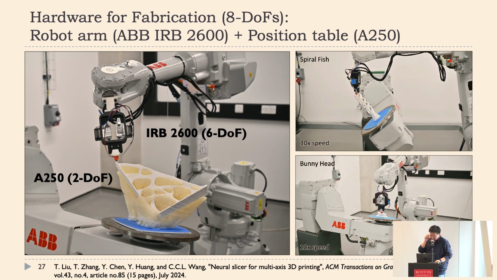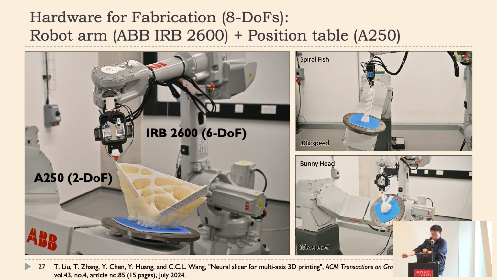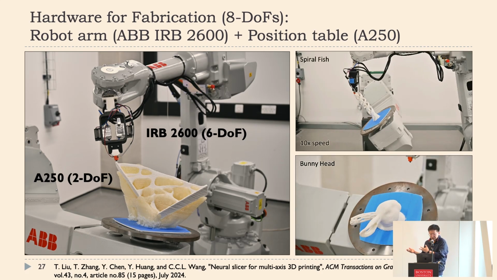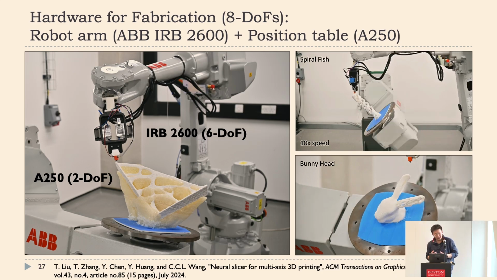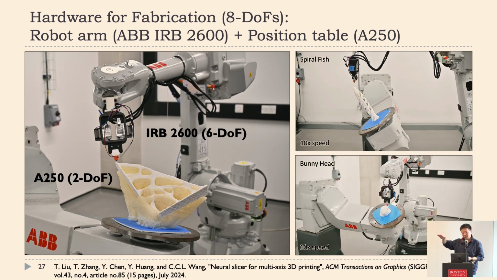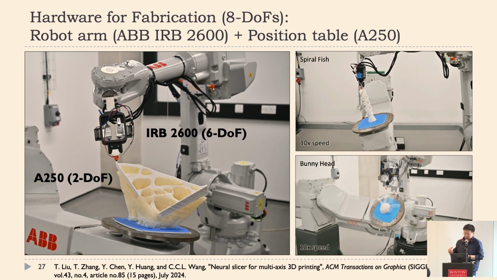And then we also changed our hardware. We upgraded our hardware system a little bit. So now we're using an 8 degree of freedom solution, which uses one strong 6 degree of freedom robot arm working together with a 2 degree of freedom tilting table. And it turns out we have much better printing quality.